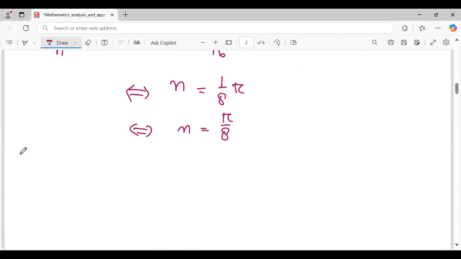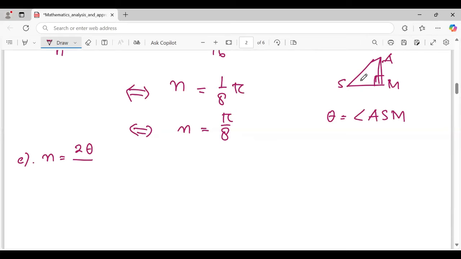Okay, one rotation, it's part C. If theta is the angle of ASM, from this triangle ASM, and this angle is theta, it means 2 theta is the angle of ASB. So 2 theta over n equals 2 theta over t, like this, right?